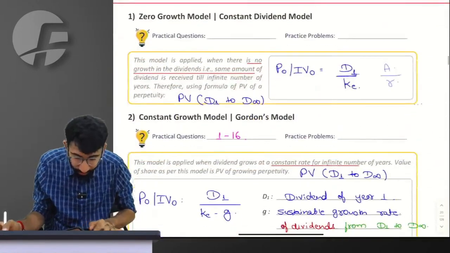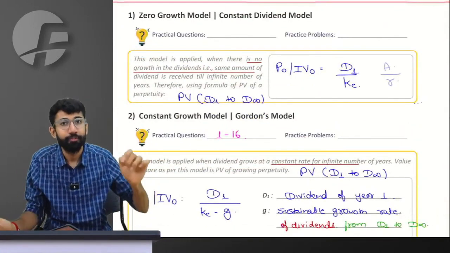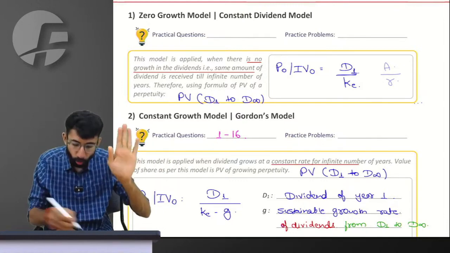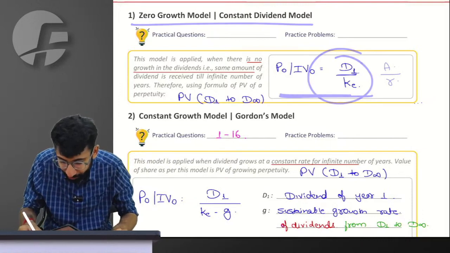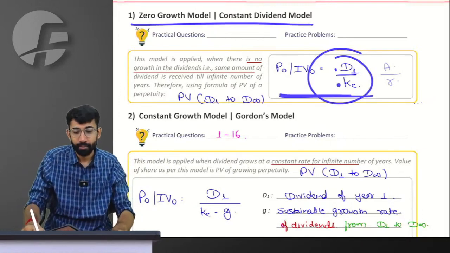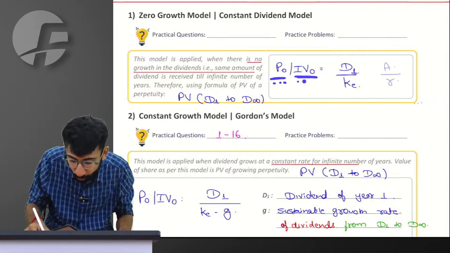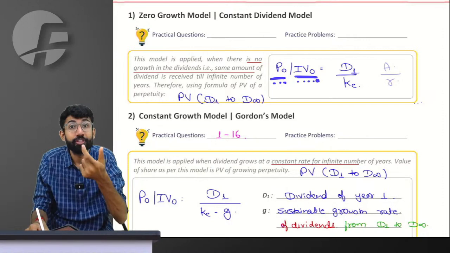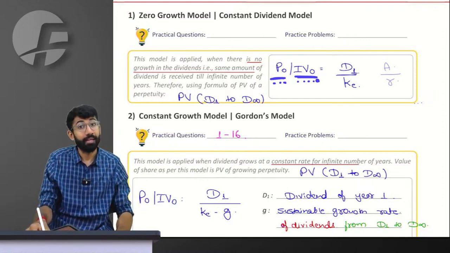Once that was done, we understood that depending upon the pattern of dividend, we decide a model. If the dividends are constant, there is no growth in the dividend, you do present value as D1 divided by KE, which means I can either find out price today or intrinsic value today. Both can be used interchangeably if the share is fairly valued.